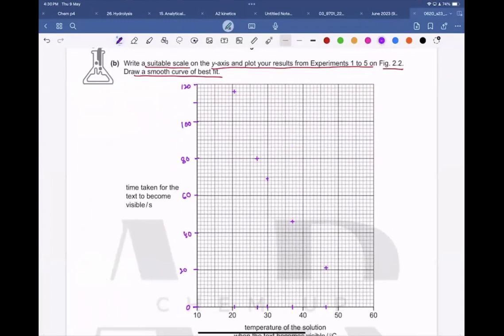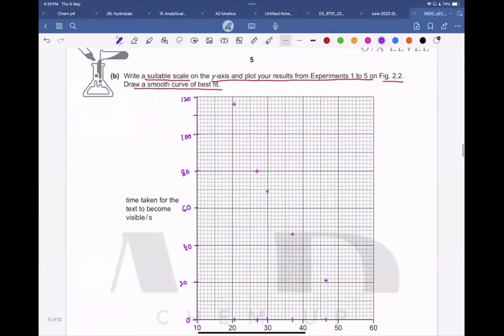Now, you have to draw, if you see the instructions, read the instruction, draw a smooth curve of best fit, right?